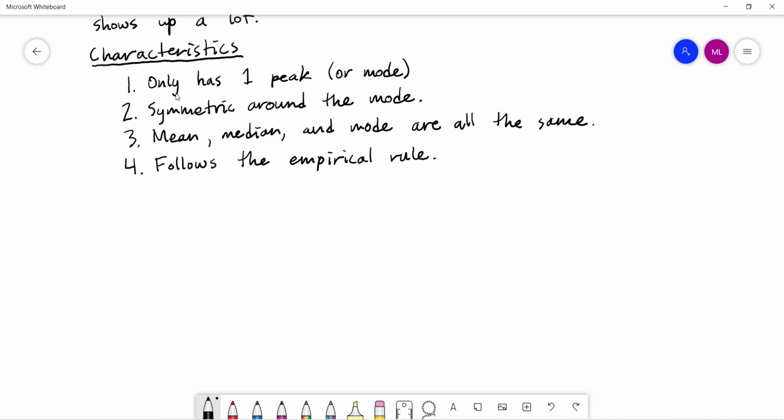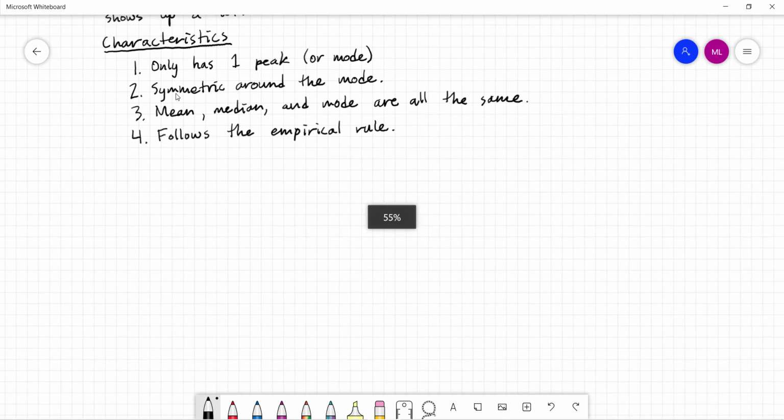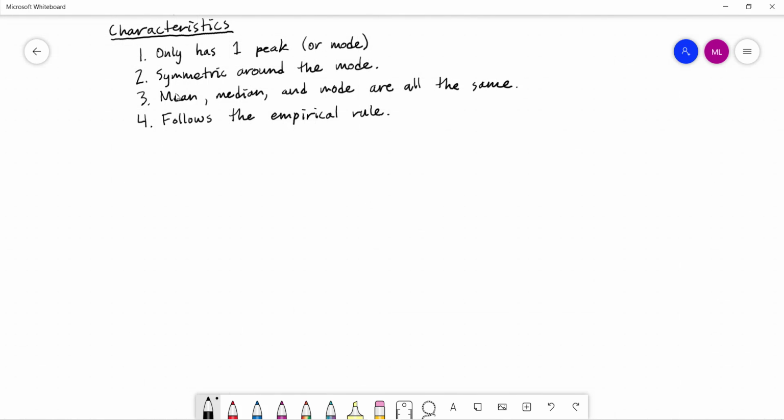And if you read the textbook back in chapter 3, you may have run across the empirical rule, but I didn't cover it in the videos back then because I knew we were going to spend a bunch of time talking about it now. So what is the empirical rule? The empirical rule tells me basically how much stuff falls, or how much area falls within certain regions of this curve.